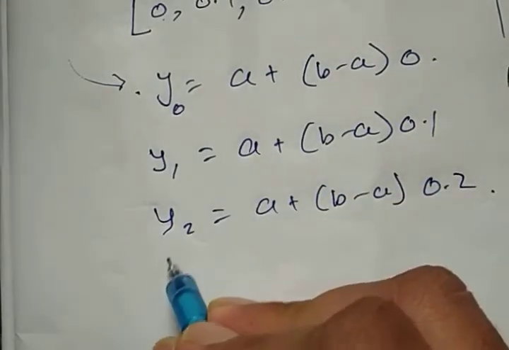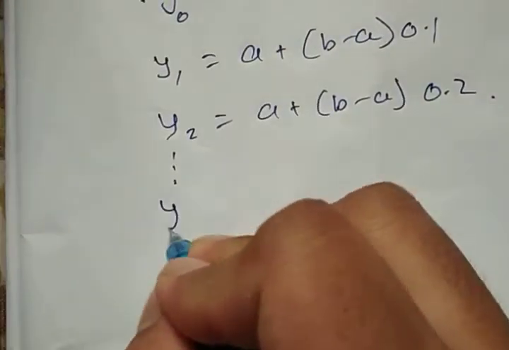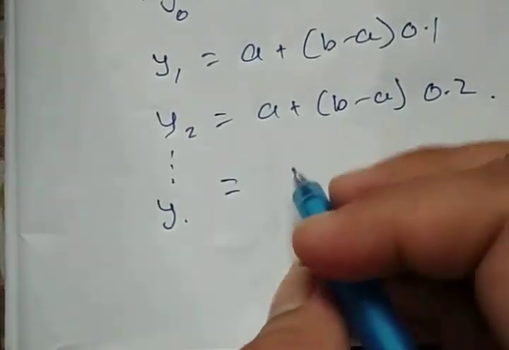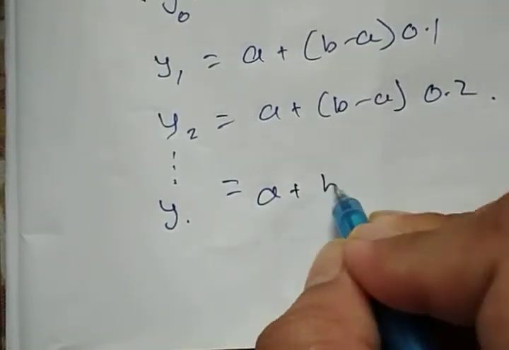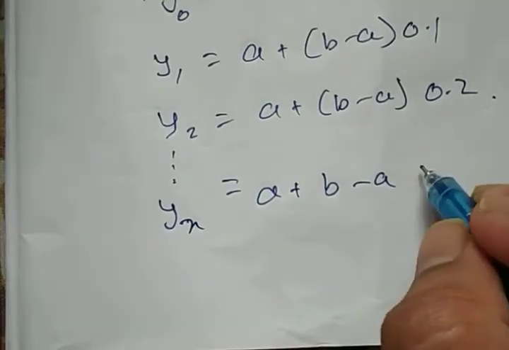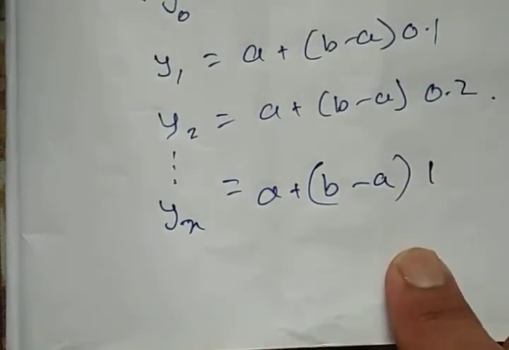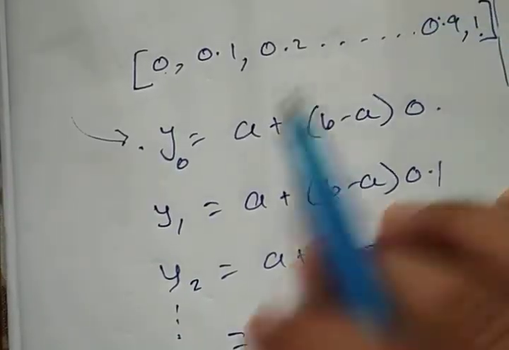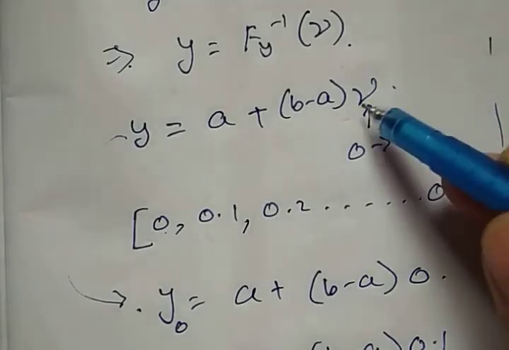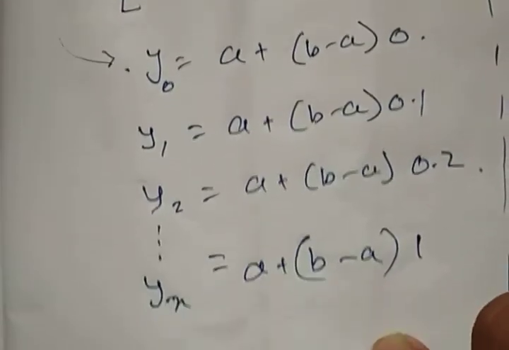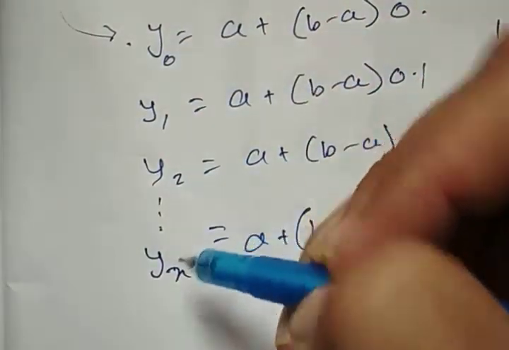You can go on till the last one, y n, a plus (b minus a) into 1. So you are going to vary your variate from 0 to 1, and depending on that you are going to have various values of y.